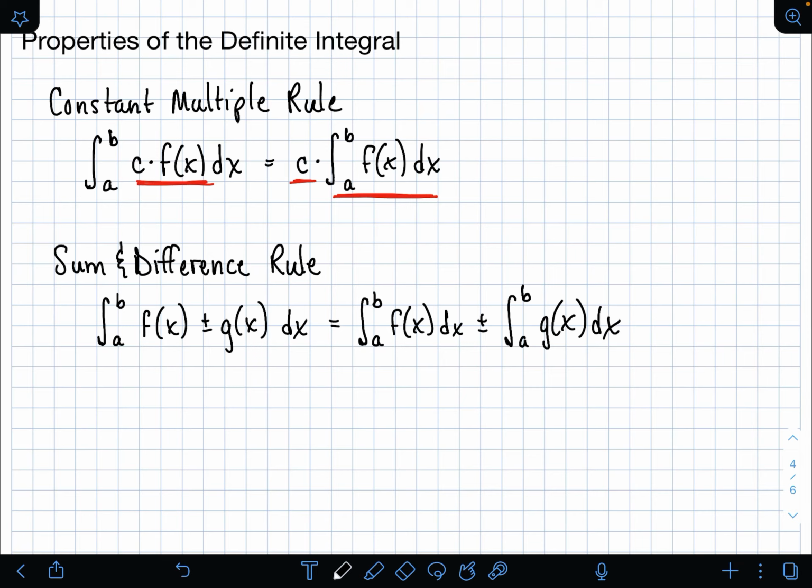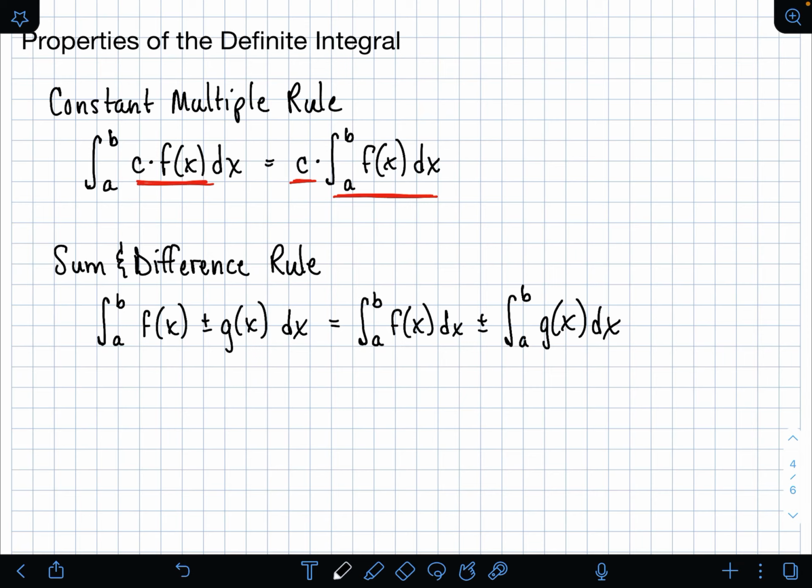That actually becomes relevant in one of the applications of definite integrals, and that is something we have to realize here: we've been looking for the area between a graph of a function and the x-axis. Does it always have to be bound by the x-axis? What if it's between two functions? And it does work.